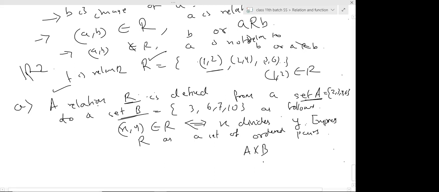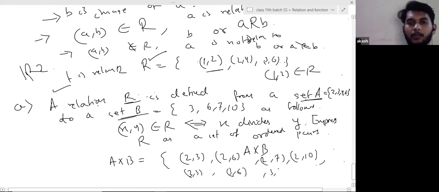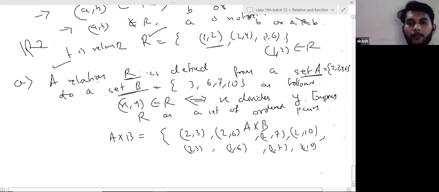Yes. Right. So first we can write the Cartesian product: (2, 3), (2, 6), (2, 7), (2, 10); (3, 3), (3, 6), (3, 7), (3, 10); (4, 3), (4, 6), (4, 7), (4, 10); and (6, 3), (6, 6), (6, 7), (6, 10).